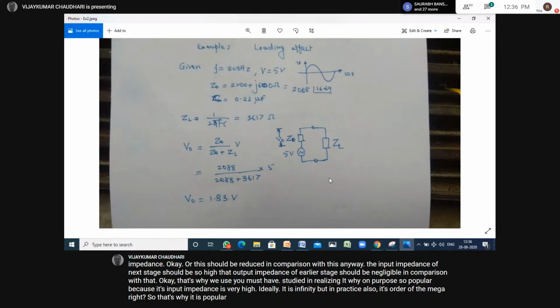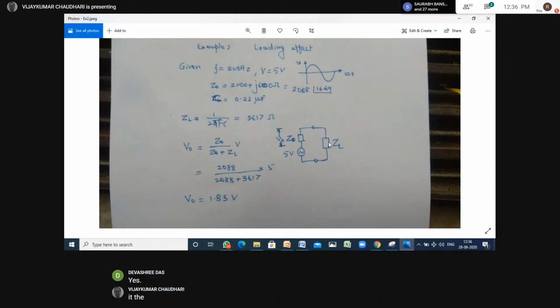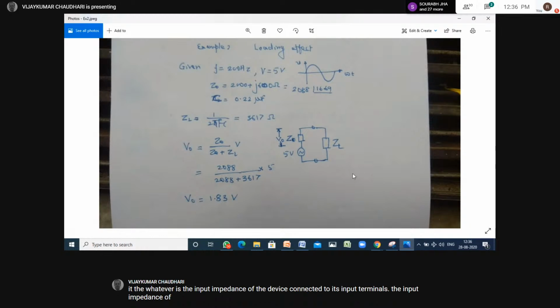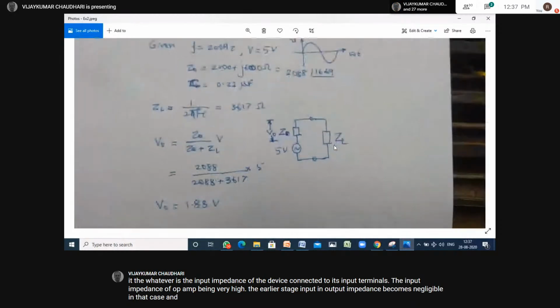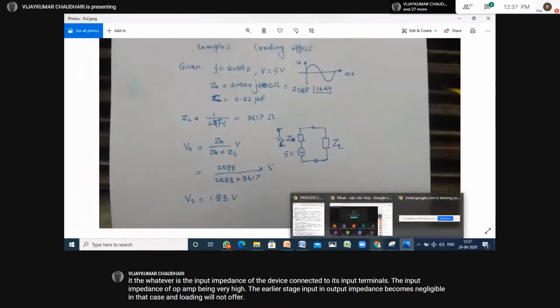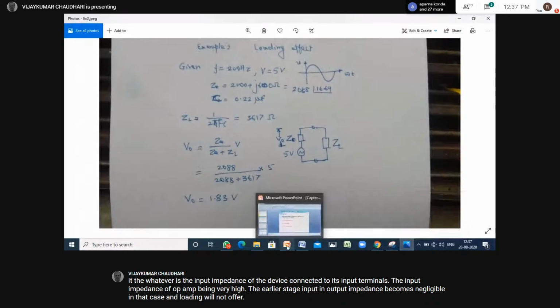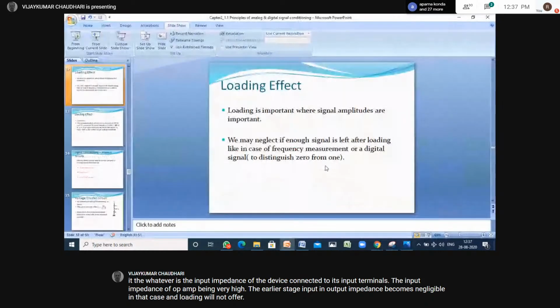Yes, sir. Okay. So the input impedance of the next stage, which is ZL here, if we connect an amplifier or something like that, here we have connected a capacitor, but the next stage can be an amplifier, as in the previous case. So the amplifier input resistance should be so high that this should be negligible to that. In the earlier example we have seen that this is 10K and this is 5K.